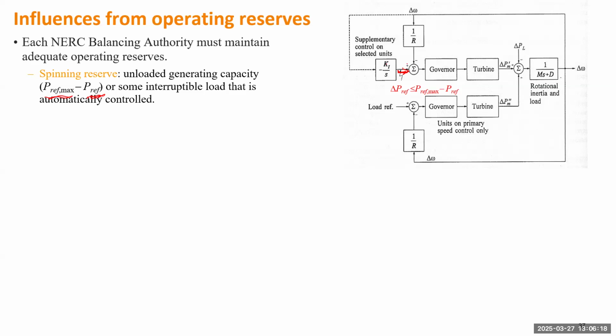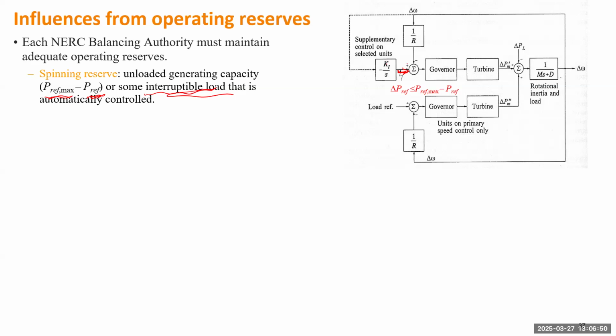In some other cases, if you allow some load to be interruptible, which means you can have a very responsive load. For instance, there are some customers who really don't have to use electricity right now. So if you really need the system to reduce the stress, the burden, you can easily just interrupt those loads, like demand response, responsive load, smart meter, or any other load which can become dispatchable.